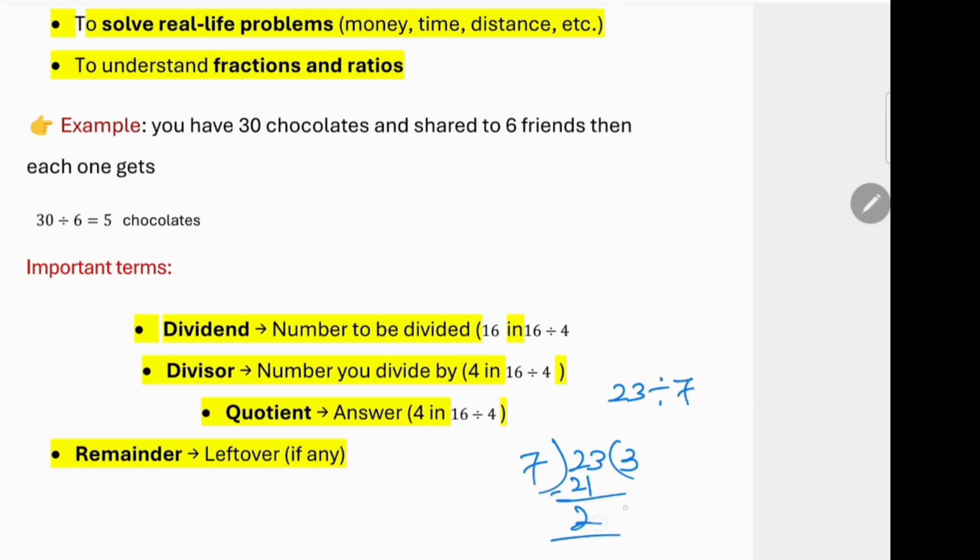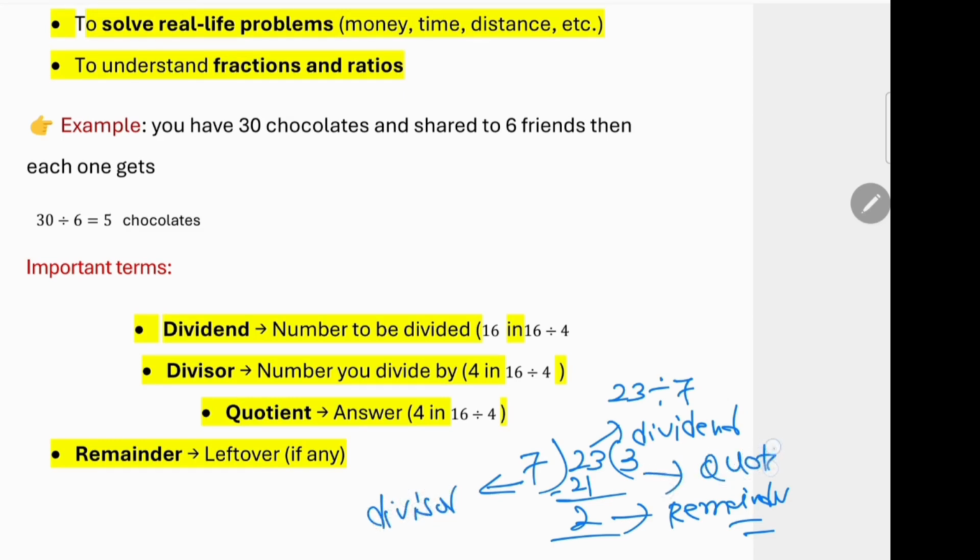The remainder is 2. 2 is the remainder. Here 23 is the dividend, 7 is the divisor, and 3 is the coefficient, and 2 is the remainder.